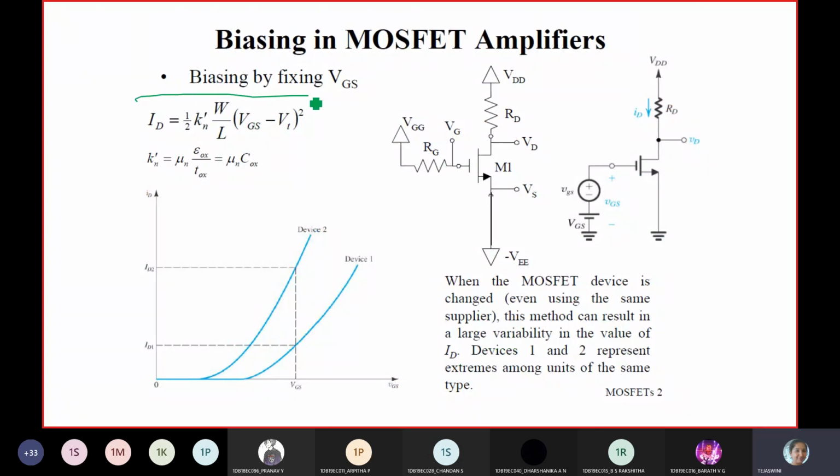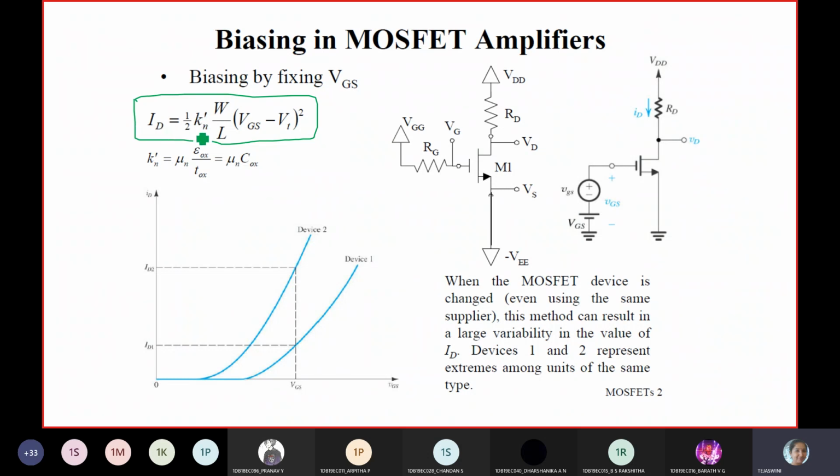They directly gave the biasing technique and directly took the expression for ID. It is the saturation current expression. Please note down. This is very important. You have to remember this formula. For your syllabus, they have not prescribed the derivation. If you want me to do the derivation, I'll do it in class. Otherwise, you remember this formula.